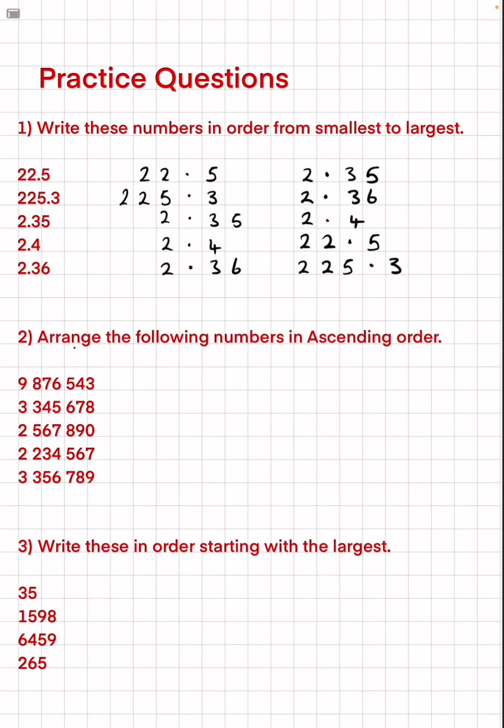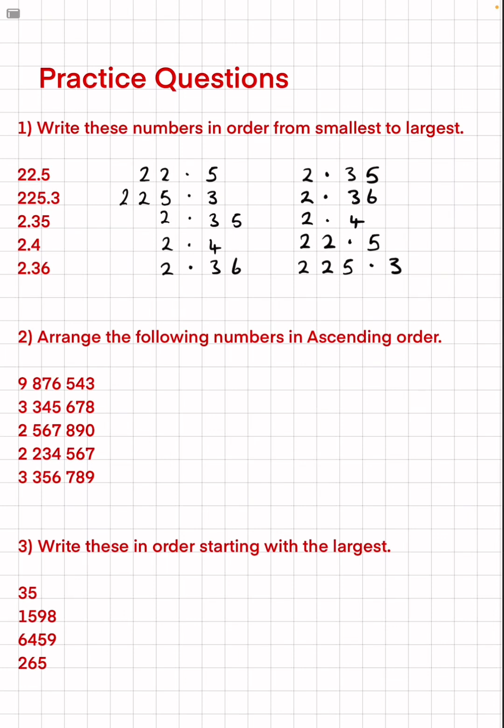The next question says, arrange the following numbers in ascending order. Ascending means smallest to largest. All these numbers have the same number of digits, so we can start from the left and compare each digit. We have 9 million, 3 million, 2 million, 2 million, and 3 million. 2 million is smaller than 3 million and 9 million.